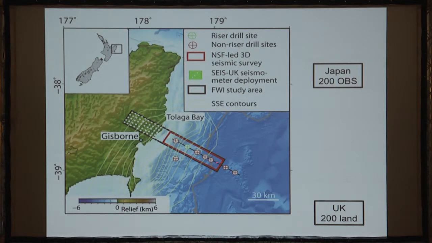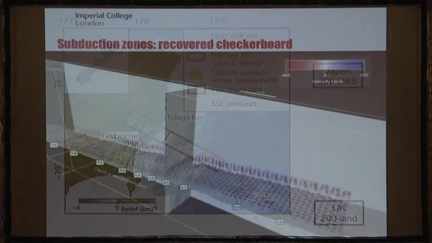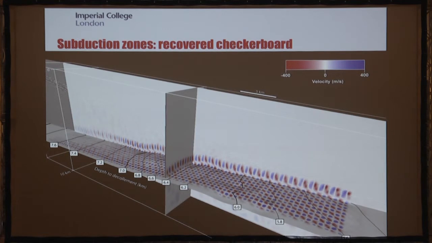We will have about 200 OBSs sitting in that box. We'll have about 200 land seismometers sitting in this region, and a conventional, fairly dense 3D towed streamer survey in the region there. We've done some modeling and inversion to see what we might recover, and this just shows a summary of that.